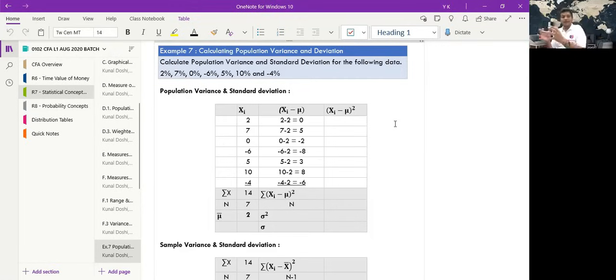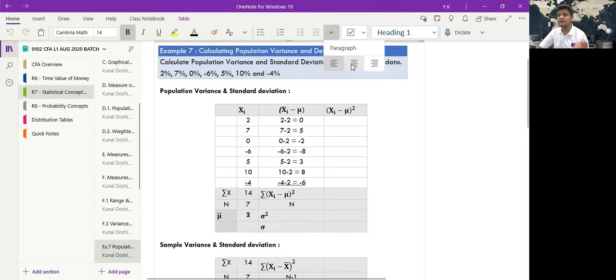So when I had got the average of 2% as my average return, correct? Now guys, I've written here the average as mu. What does mu stand for? Population mean. So right now we are focusing on population, correct?